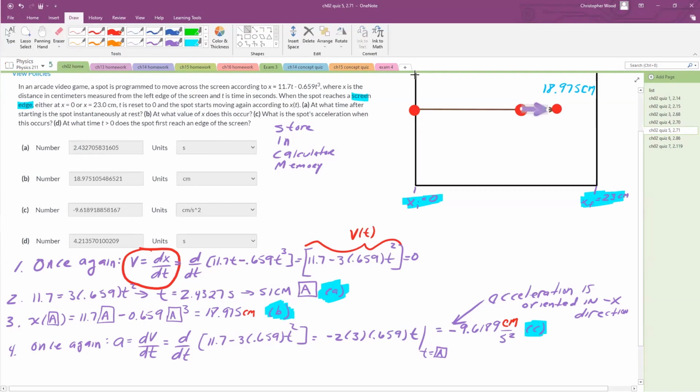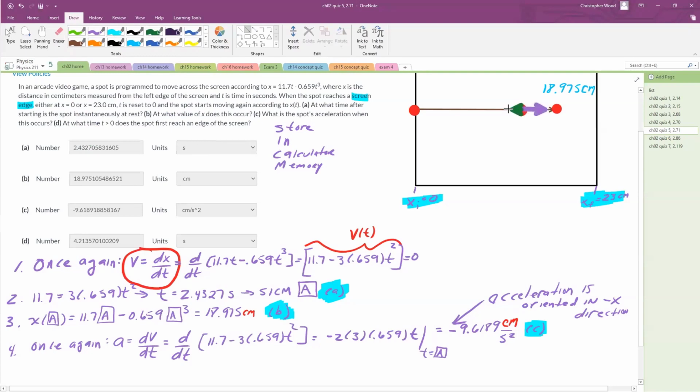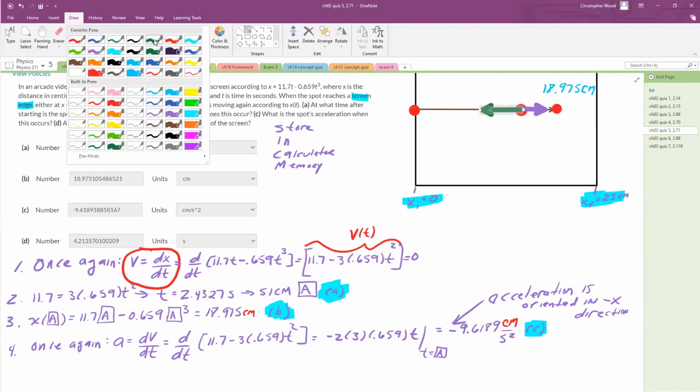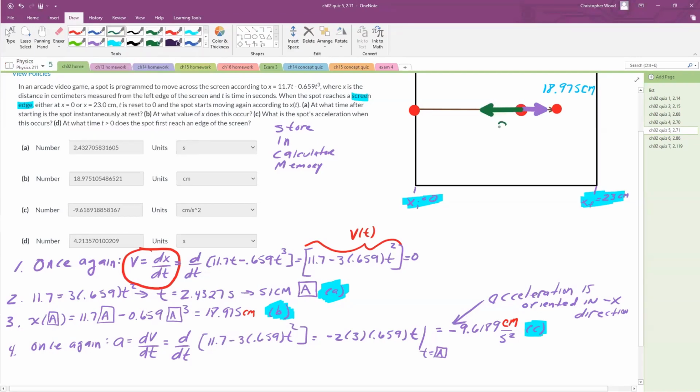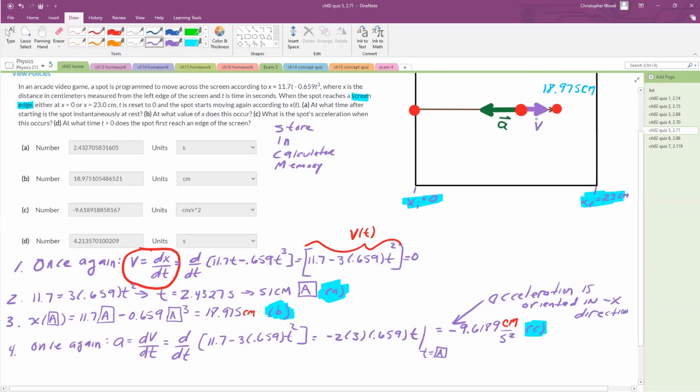But all the time, even though the velocity is going to the right, it's slowing down because I know my acceleration is going in the negative x direction. This green arrow is my acceleration vector. This purple arrow is my velocity vector. And you can see they're pointing in opposite directions. The direction of acceleration is opposite the direction of the velocity.